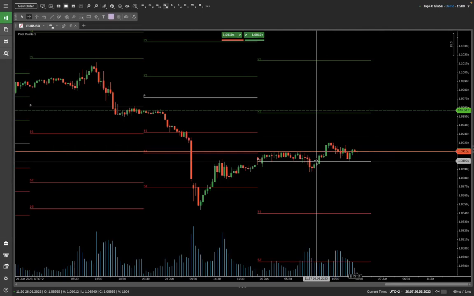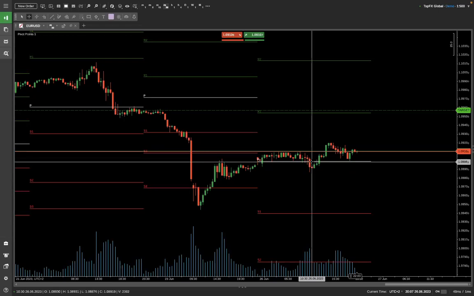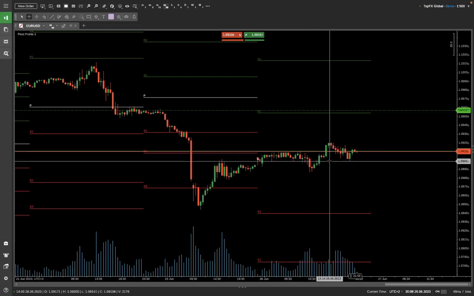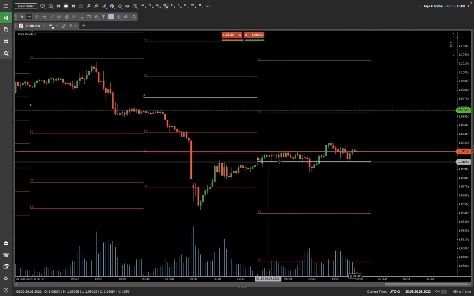So generally, you can find over the internet the formulas to calculate the pivot points. For example, the main pivot, the white line here, is calculated when you take, because this is a daily pivot, yesterday's high, yesterday's low, yesterday's close, and divide it by 3, and then you get this level.